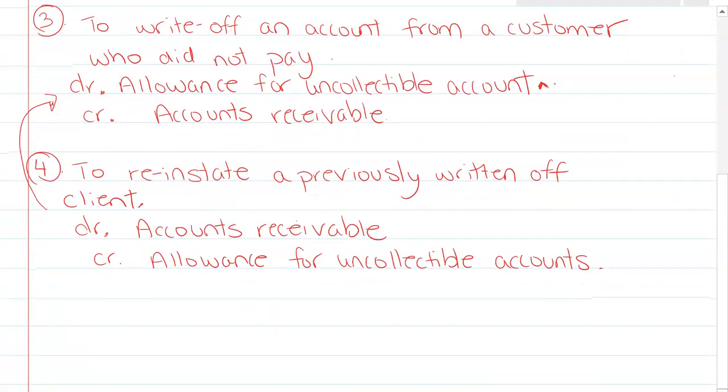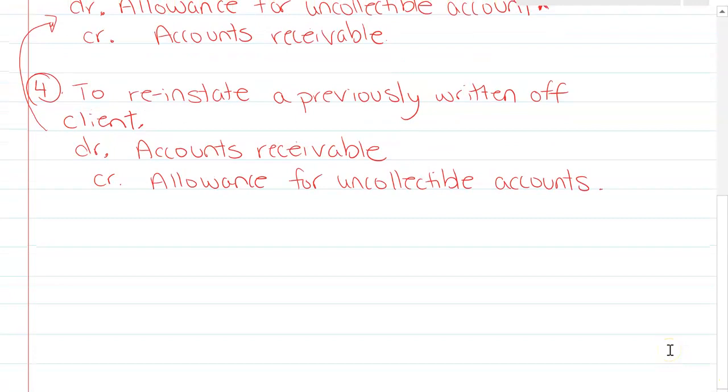So we do this dance throughout the accounting cycle, but then at the end of the accounting period, so this is an adjusting journal entry, what we need to do is set up a bad debt expense.